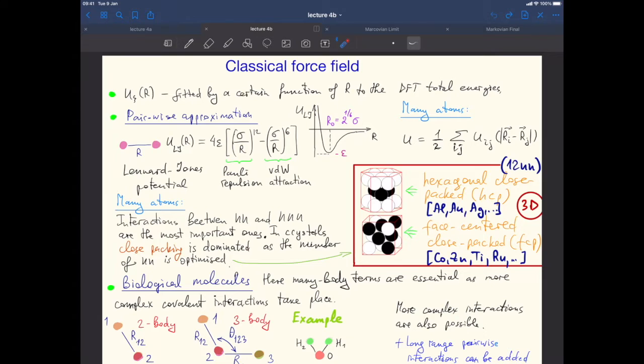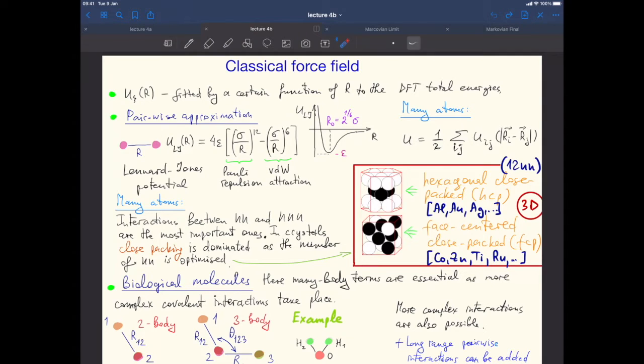So from the early era of molecular modeling, people have been trying to devise a simpler means of studying reactions in condensed matter systems, vibrations, studying stability. And this has been done using so-called classical force fields.